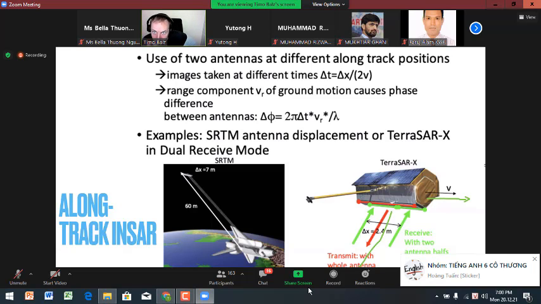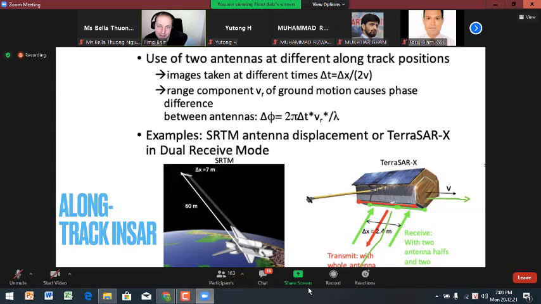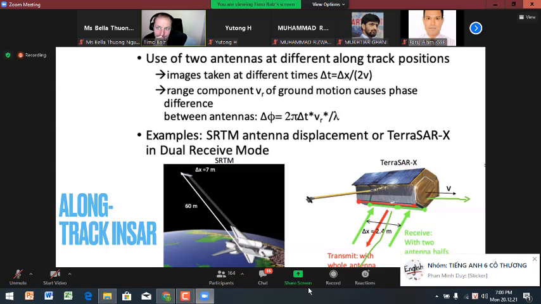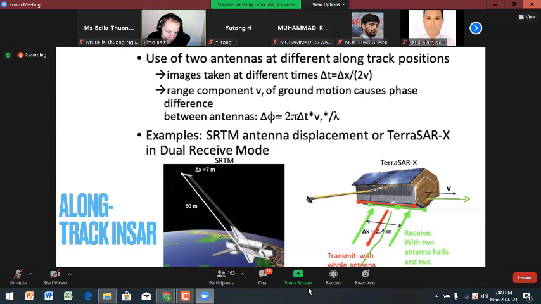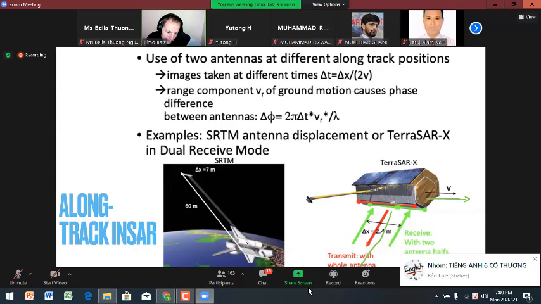So what we can measure, right, is a relation between our time difference and the wavelength. Now, if we reduce that time difference even more and make it very short, we can measure even very fast-moving objects. So you see, we can actually separate. There were experiments done in the SRTM, in the extended SRTM, right?